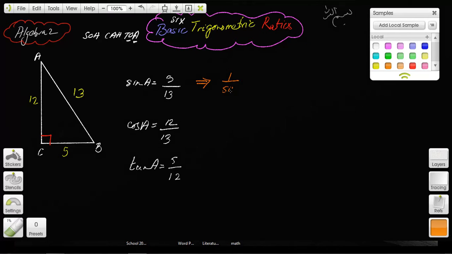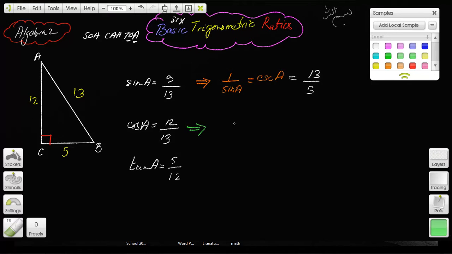1 over sine of A is going to be cosecant of A. Now the way I remember from when I was in high school is that if it starts with S, this one starts with C. If it starts with C, the other one will start with S. So cosecant of A, it will be inverse of this one, so it will be 13 over 5.